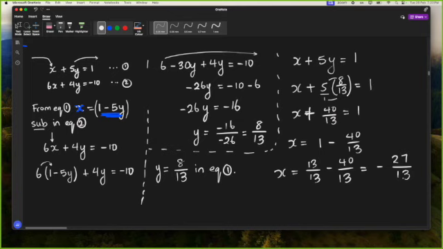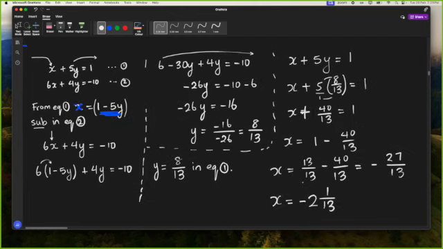Yeah, that's 2 on something. Right? 2 on 1 over 13. So x is negative 2 on 1 over 13. Ugly, ugly answers. I hate when you're doing it and you get ugly answers like that. It just makes you feel like you did something wrong, you know?